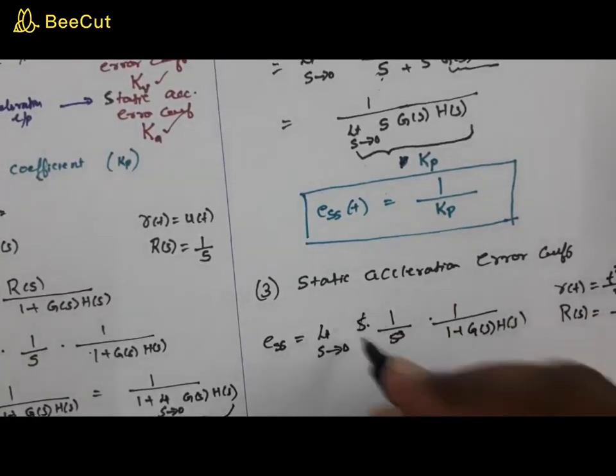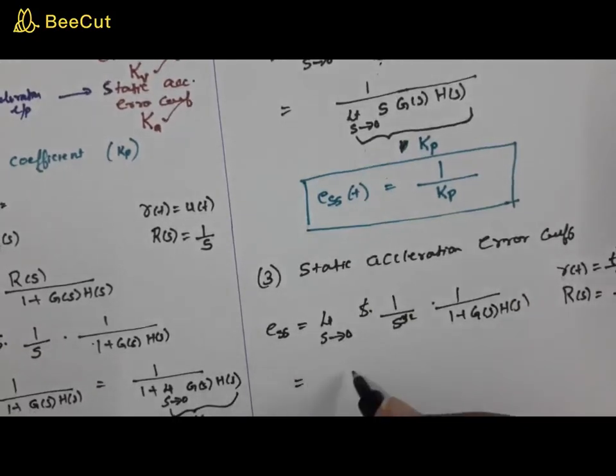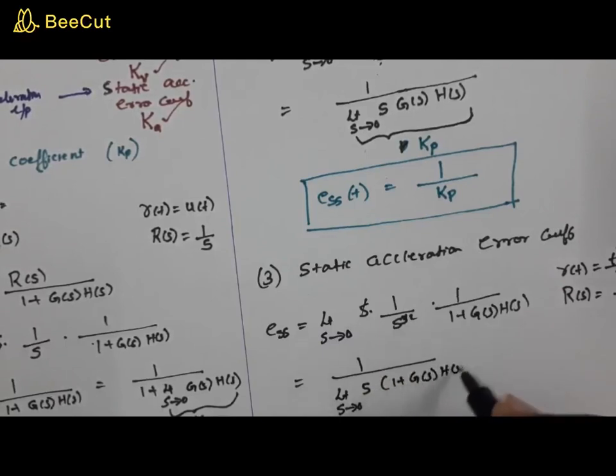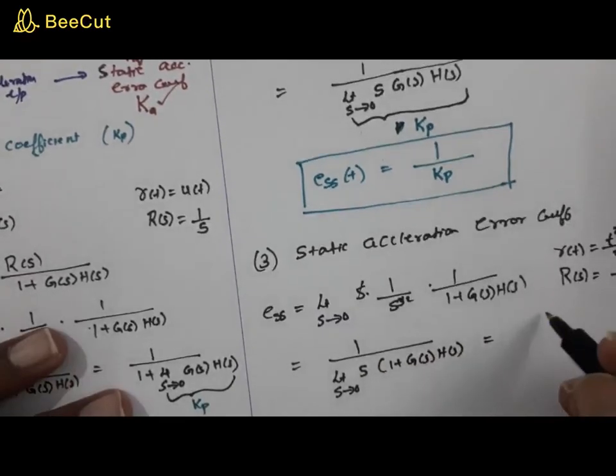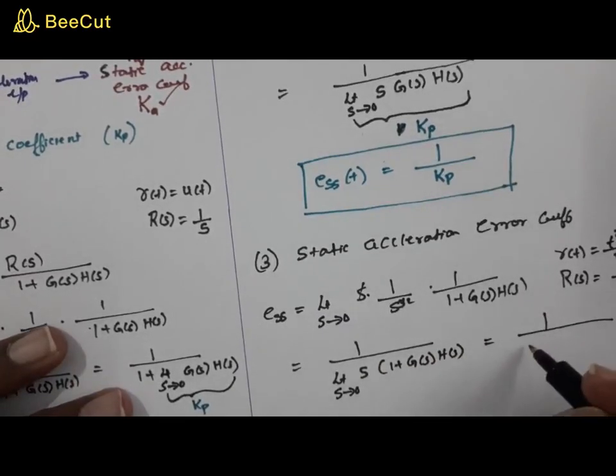This will get cancelled, so this becomes s square. So this becomes 1 by limit s tends to 0 of s square into (1 plus G(s)H(s)). Now expanding, you get limit s tends to 0 of (s square plus s square into G(s)H(s)).